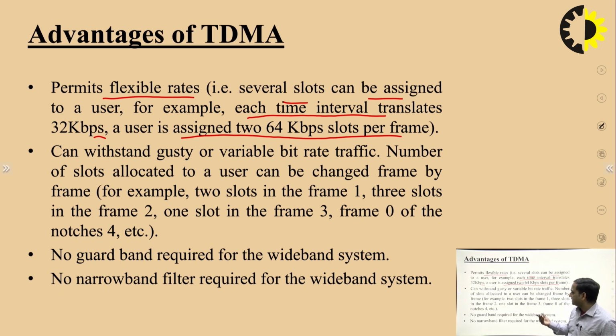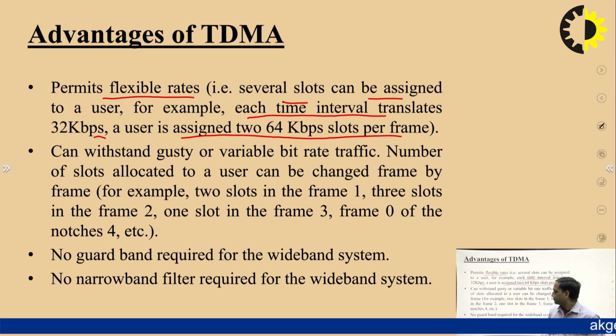In each time slot, the data can be transmitted at 32 kbps. So if we require 2 time slots, then 32 times 2 means 64 kbps data can be transmitted through the 2 time slots at a time.